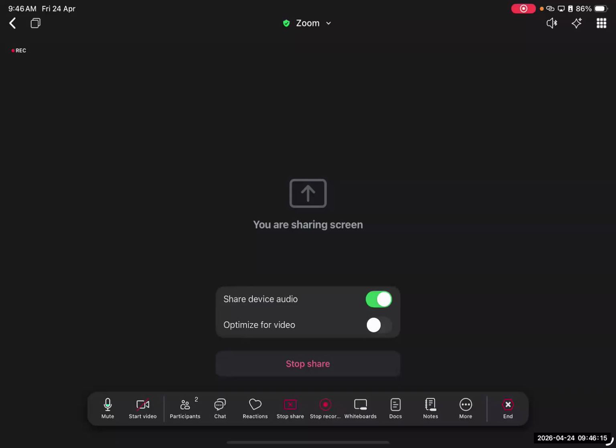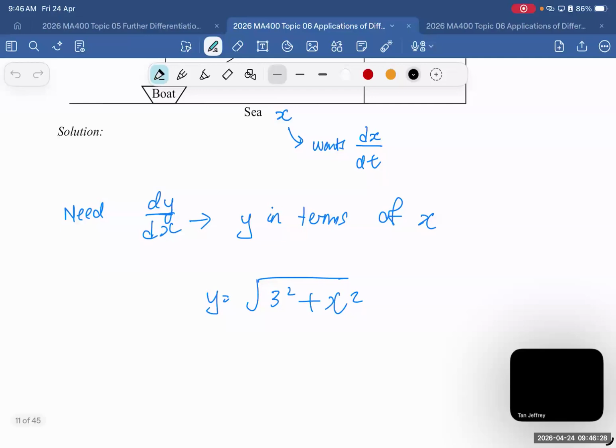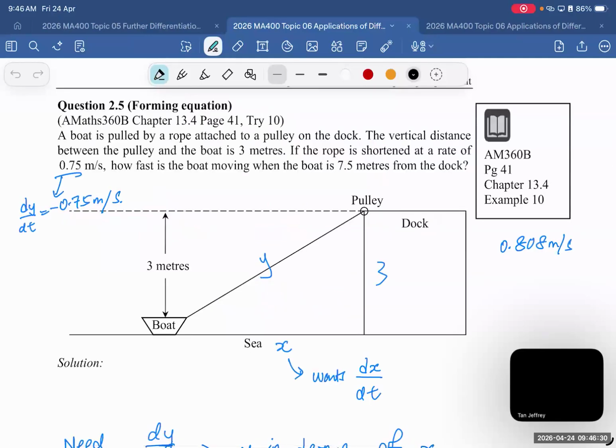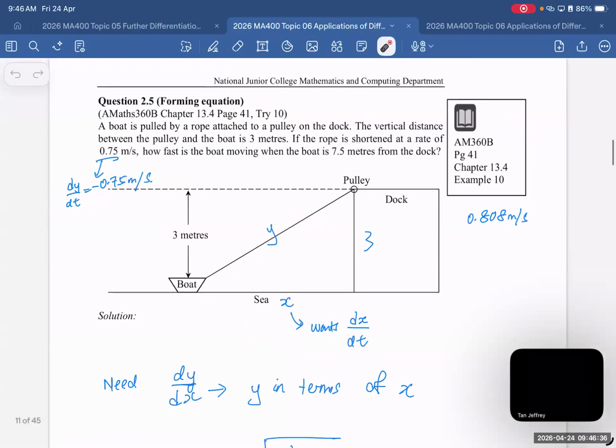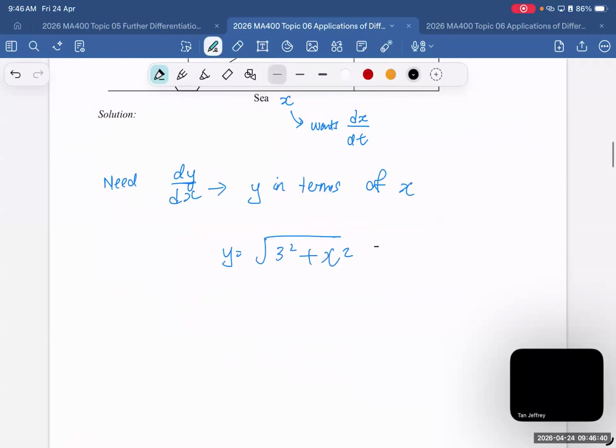Okay, so far okay. Are you all done? The answer is actually negative 0.808. Some of you got 0.808, but you must take note that dy/dt is negative. After you have y in terms of x, let's write it as 9 plus x squared to the power of half.